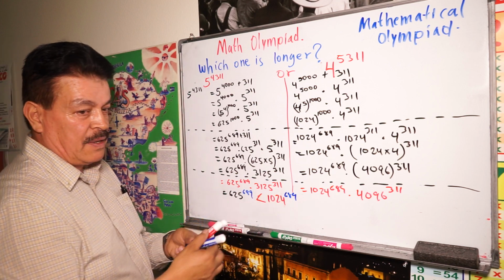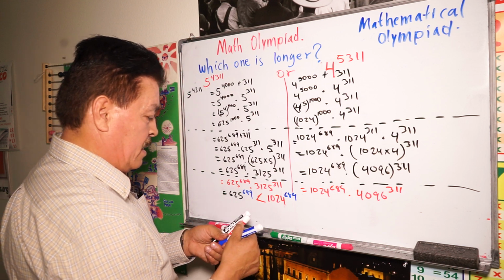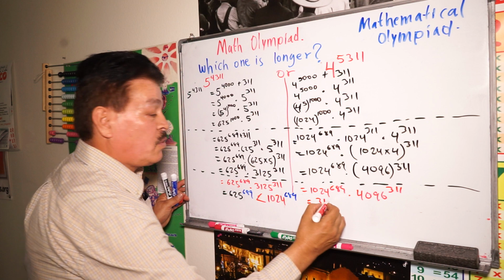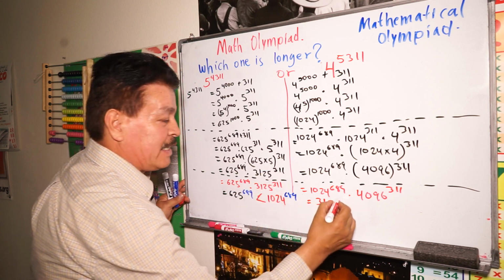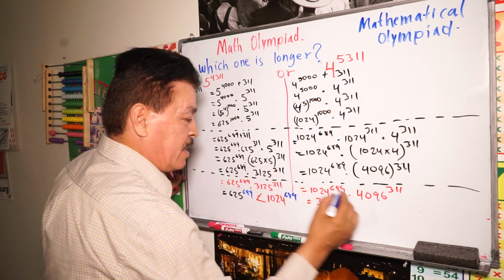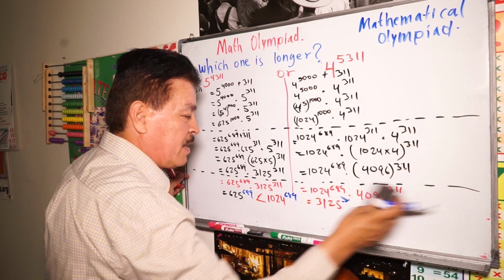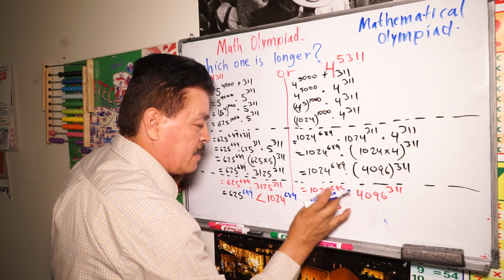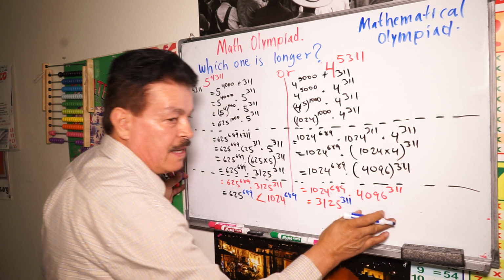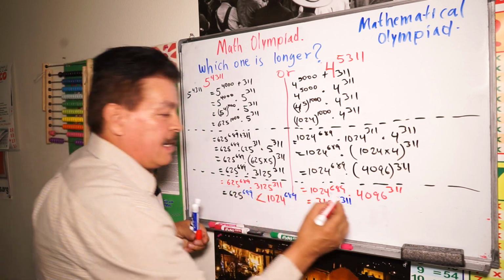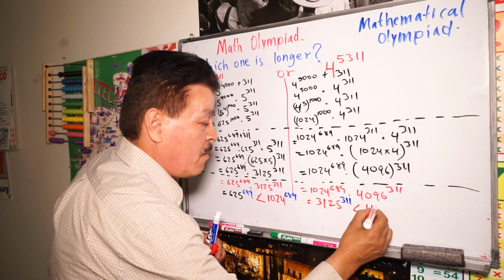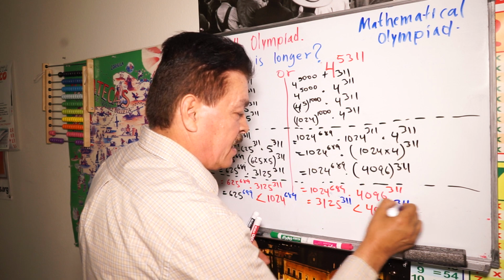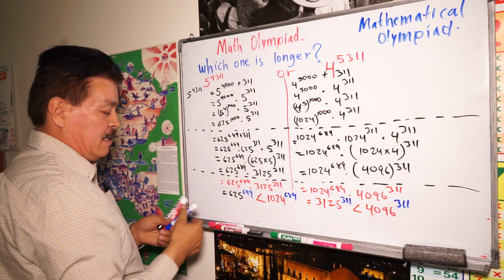The other side we have here 3125 to the 311, less than this number, 4096 to the 311.